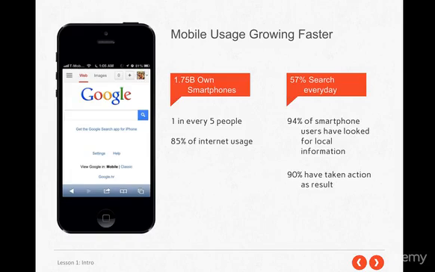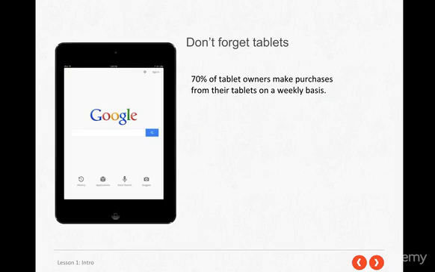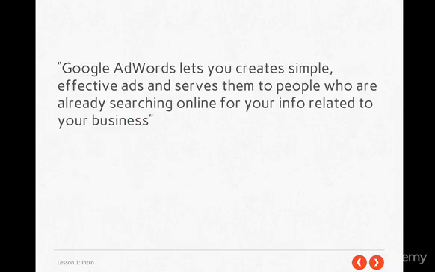They're either looking for information about a restaurant, about a hotel, or about a product that they're about to purchase in a store. So this is an opportunity that we're going to walk through, and we're going to show you how to target smartphones and tablets, because tablets are a huge purchasing medium. People make a lot of purchasing decisions and actual purchases from their tablets on a weekly basis.